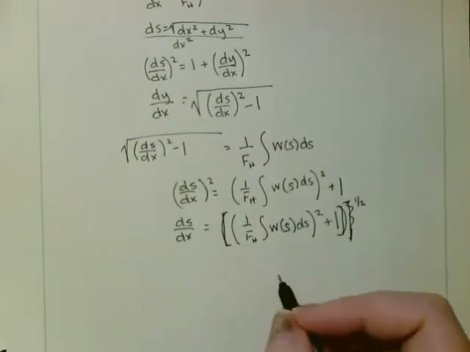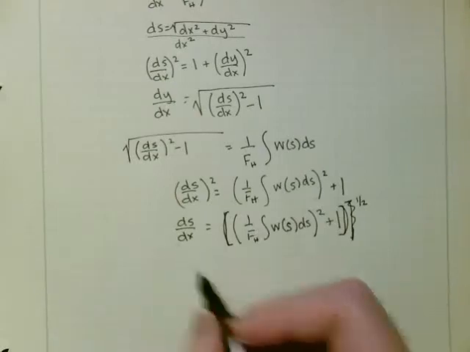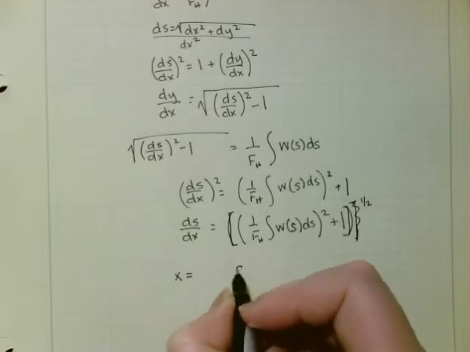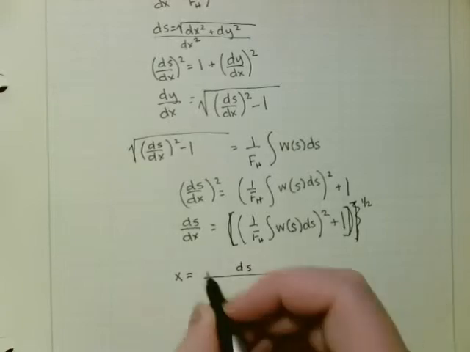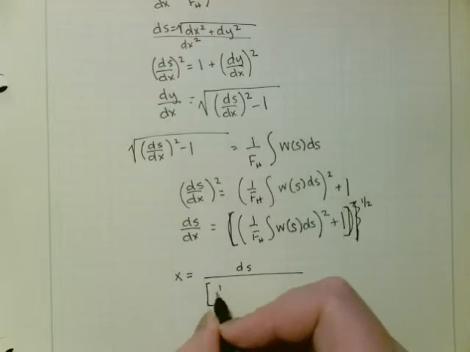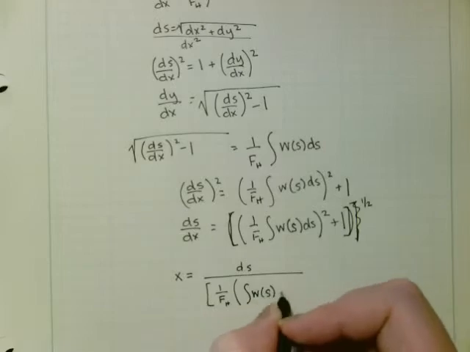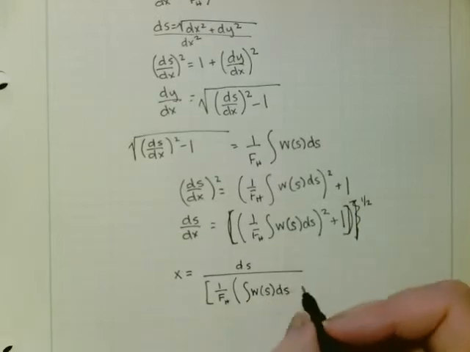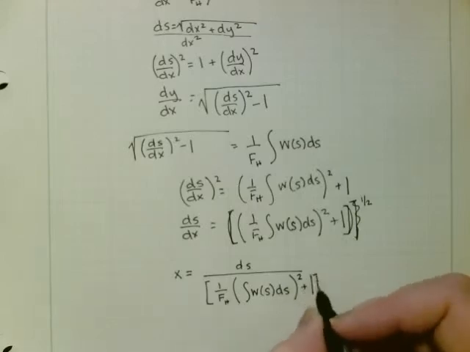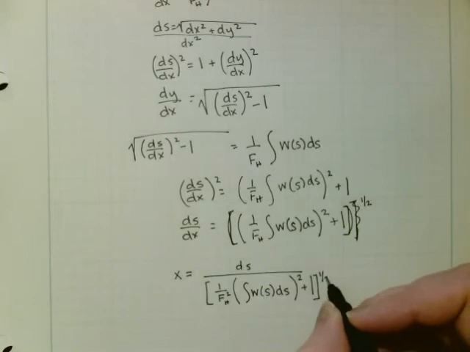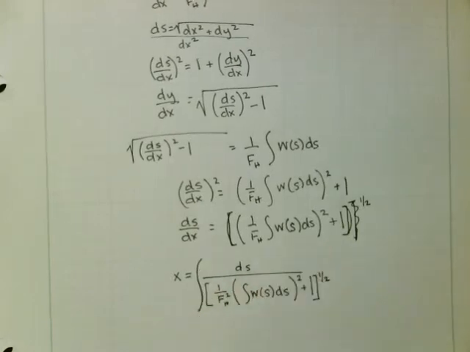And then finally we could put that on both sides of the equation, and we get that x is equal to the integral of ds over ((1 over F_H times the integral of w(s) ds) squared plus 1) to the 1/2.